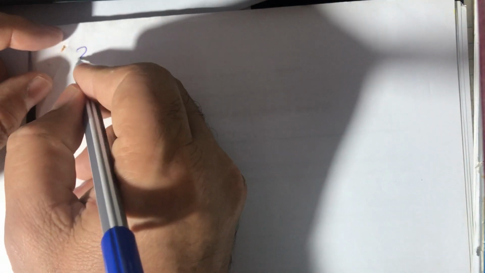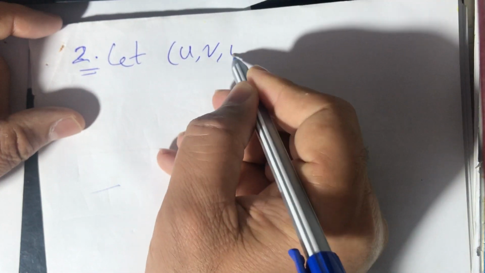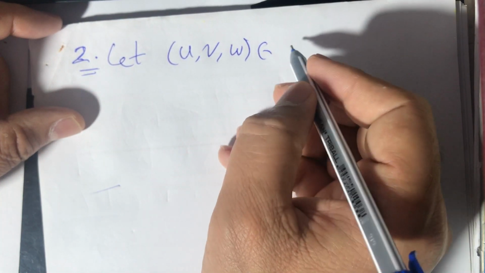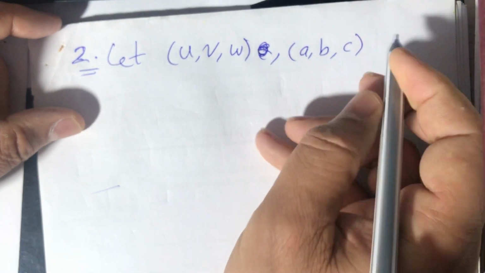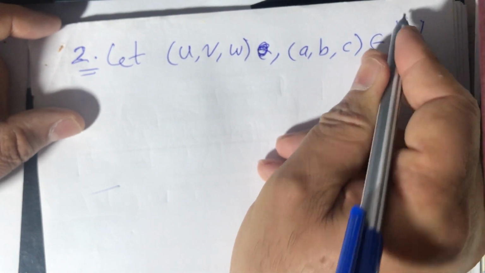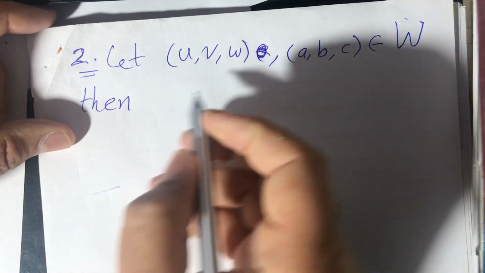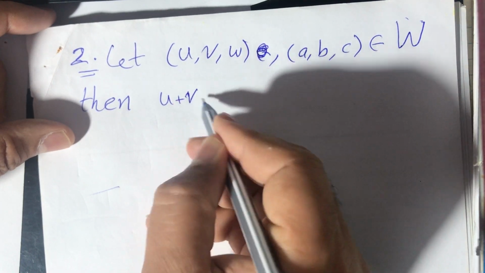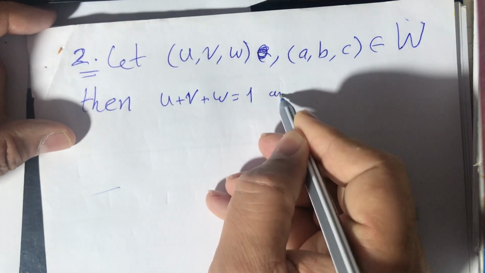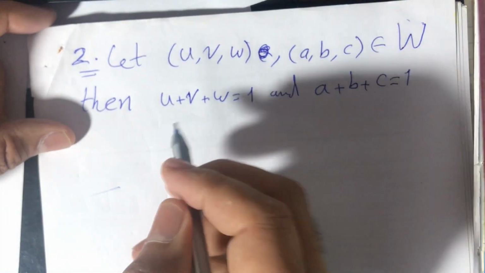The second reason, let u, v, w belong to W, and also a, b, c belong to the set W. Then u plus v plus w equal to 1, and a plus b plus c also equal to 1.